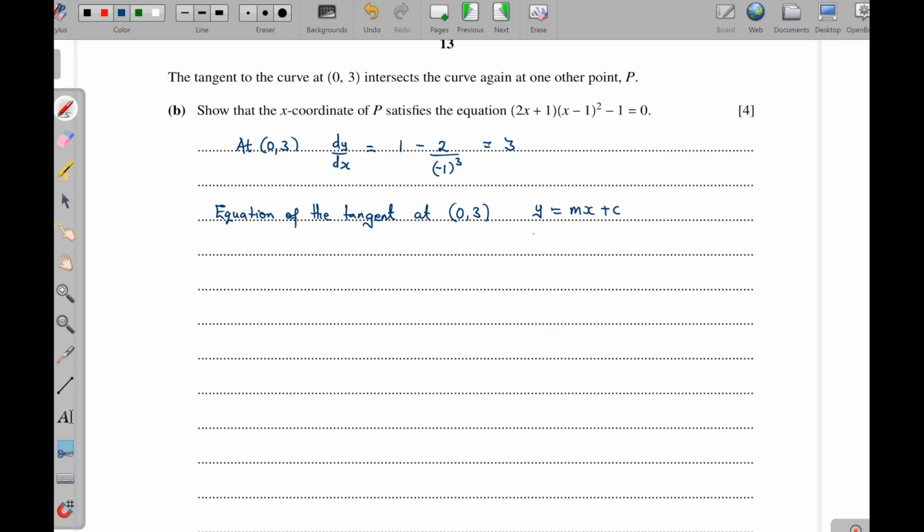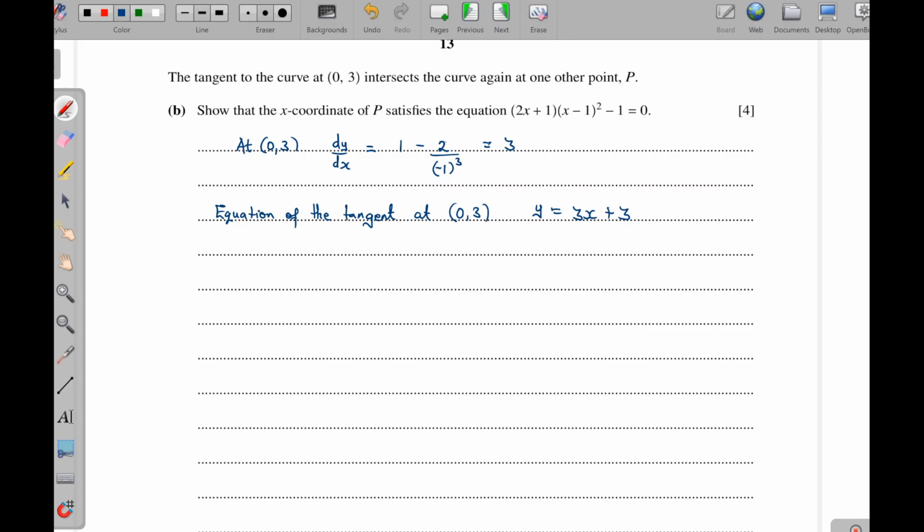If I put this in here, this will be 3, then a 0 here, then plus c. So that means this is the y-intercept already. So c is 3. So I will put y is equal to the gradient, which is 3x, then plus the 3 here.